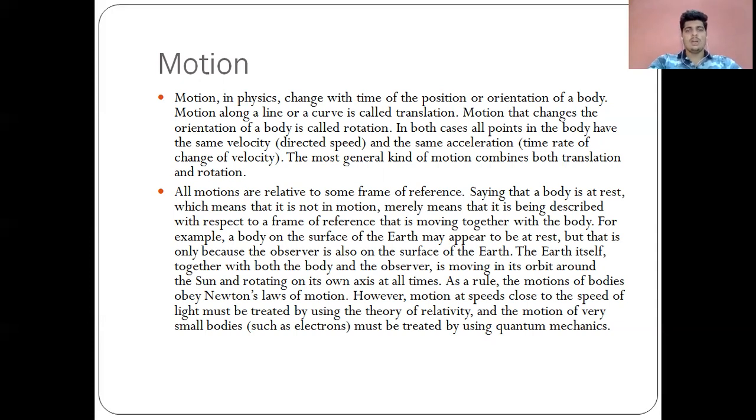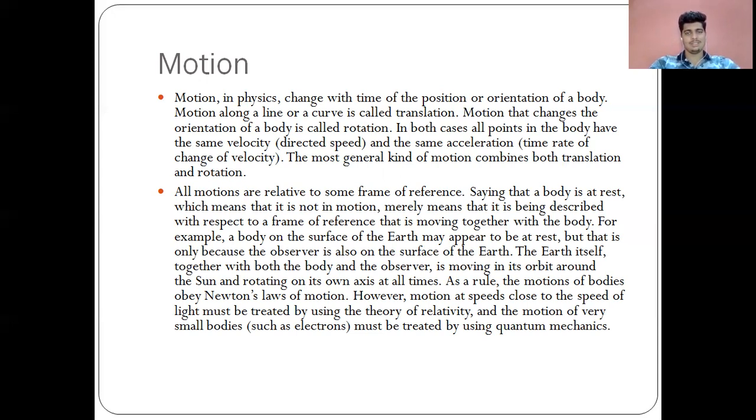For example, a body on the surface of Earth may appear to be at rest, but that is only because the observer is also on the surface of Earth. The Earth itself, together with both the body and the observer, is moving in its orbit around the Sun and rotating around its own axis.